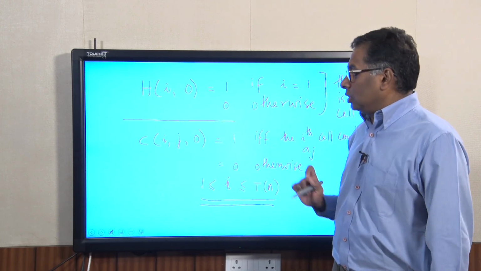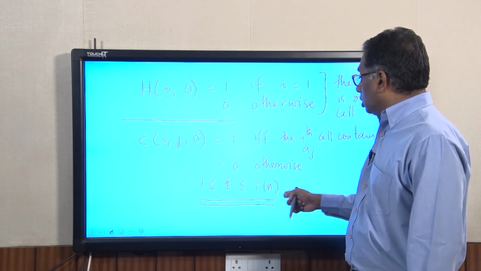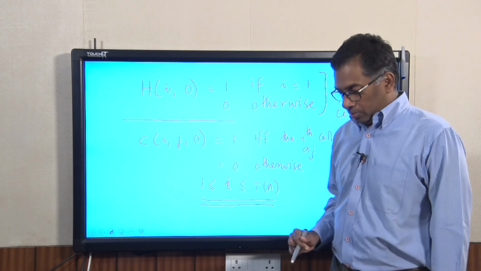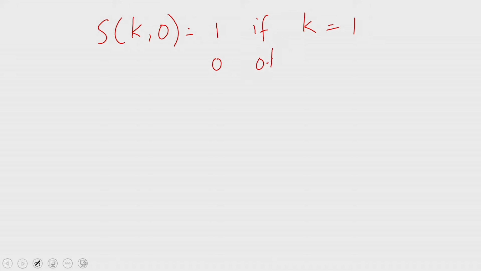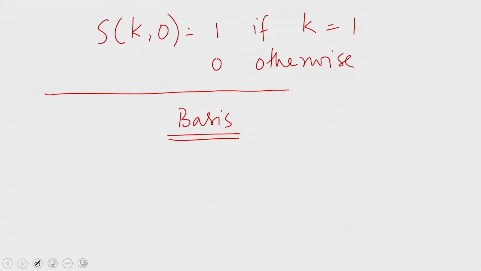So, we have initialized C i j values for all t of n values of i. So, C i j values are also appropriately set for time 0, and then S k 0 will be 1 if and only if k equals 1. That is, the state is supposed to be q1 when the machine starts up, and it is 0 otherwise.